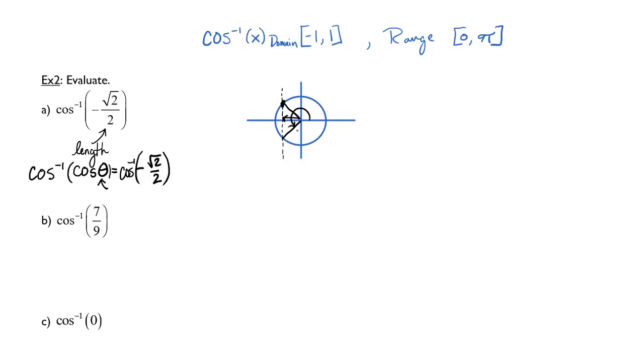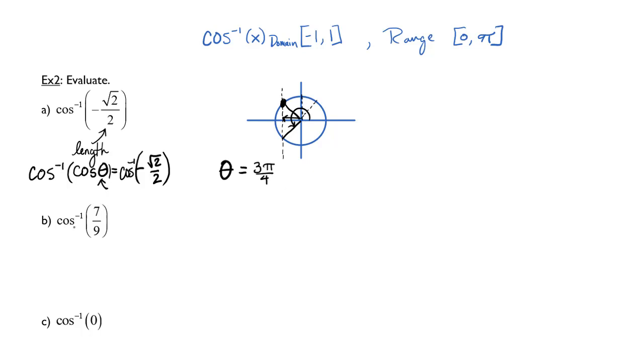Remember that we can't have angles in the third quadrant because that doesn't work for a range. So we need to pick the value that is in the range from 0 to pi. Remember that -√2/2 will be the angle theta equals 3 pi over 4.